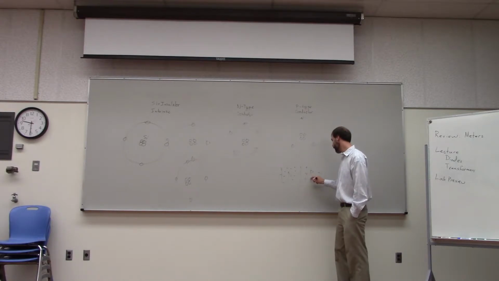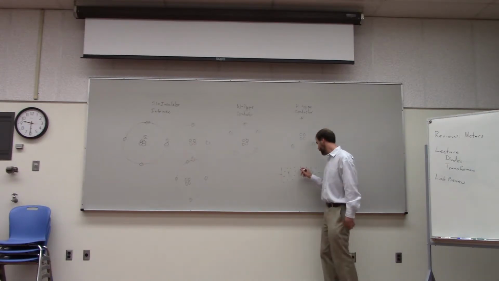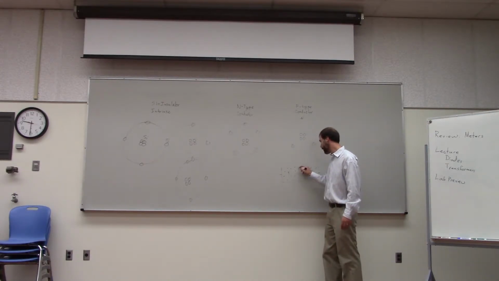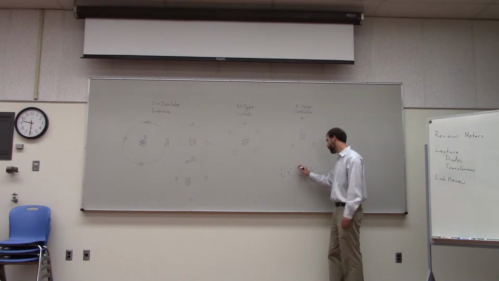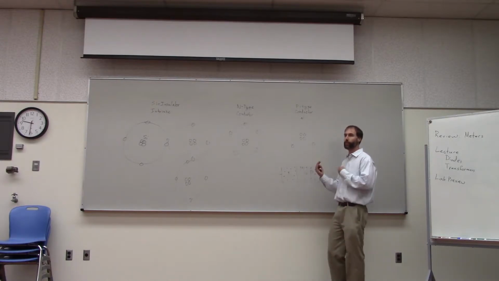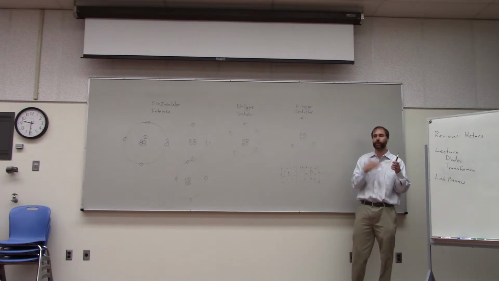But right in the middle, where these two materials are smashed together, some of the negative electrons jump over because they're attracted to these holes on the P side. So you have this region right in the middle where you don't have the extra electrons because they jumped over, and you don't have the holes because they've been filled up by the electrons that jumped over.